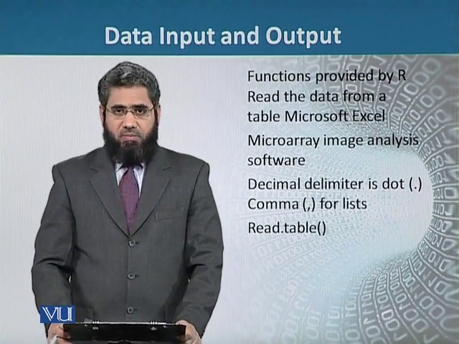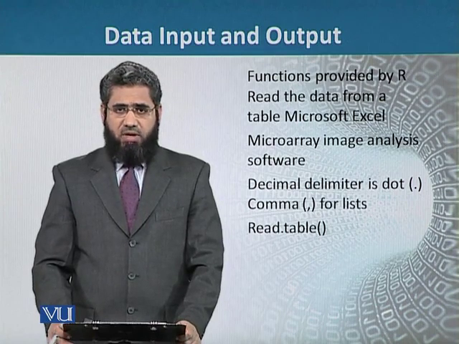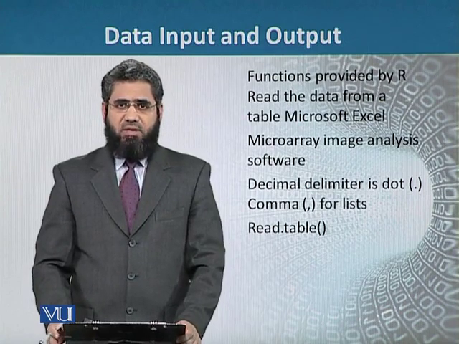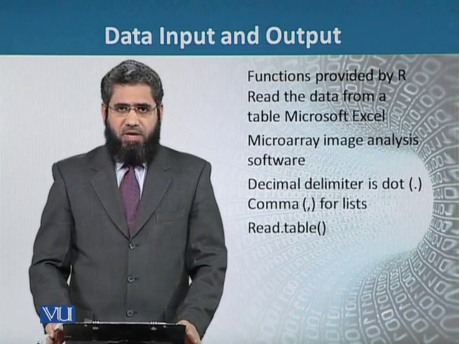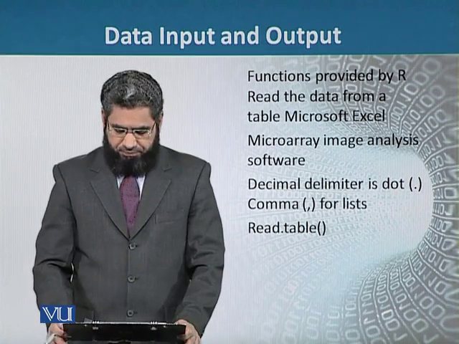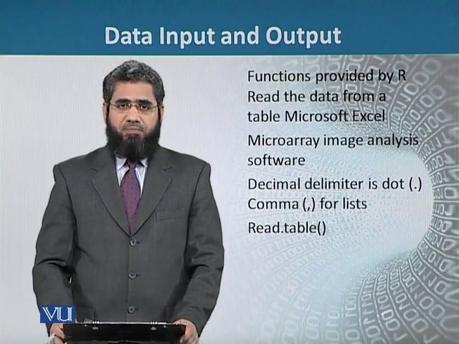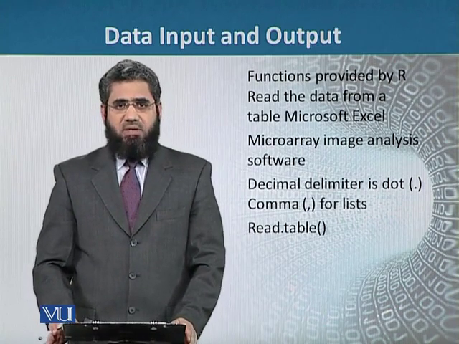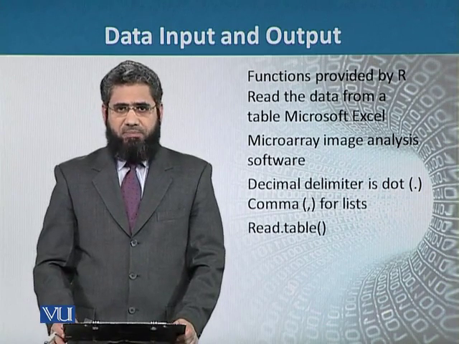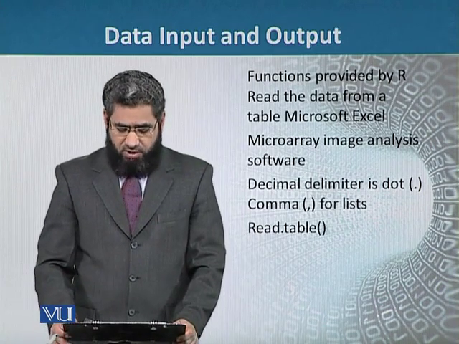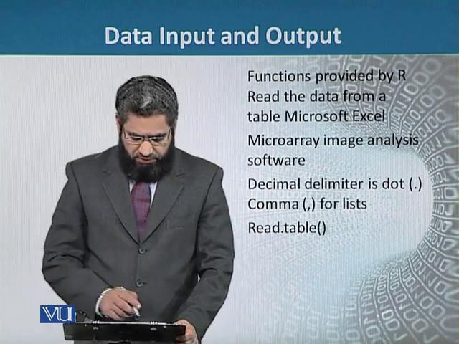If the delimiter is a comma, it is read as a table or a list. If we have a tab delimited table, then it can be read by a command known as read.table.